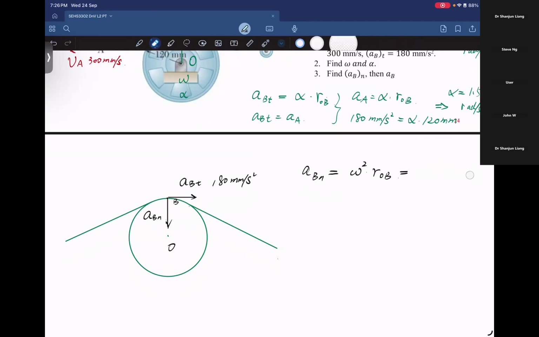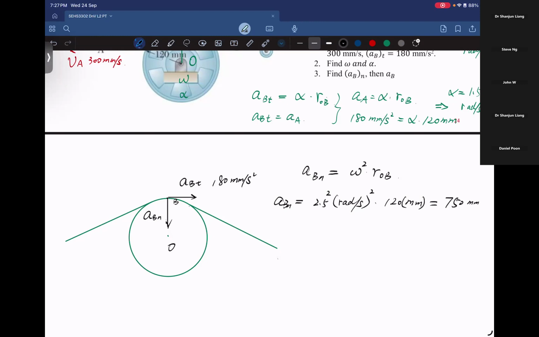Because it's not an international unit system, we need units here to avoid making mistakes. Omega is 2.5 radian per second, squared, and ROB is 120 millimeter. So at last, it is 2.5 squared times 120, which is 750 millimeter per second square, and this is ABN.